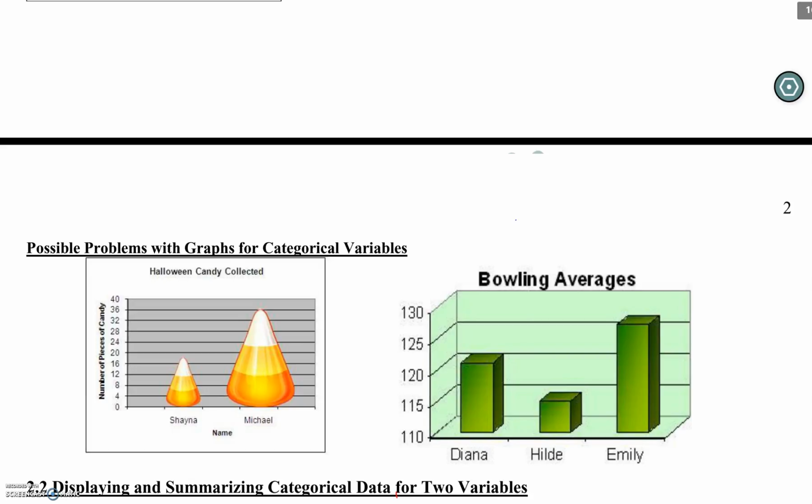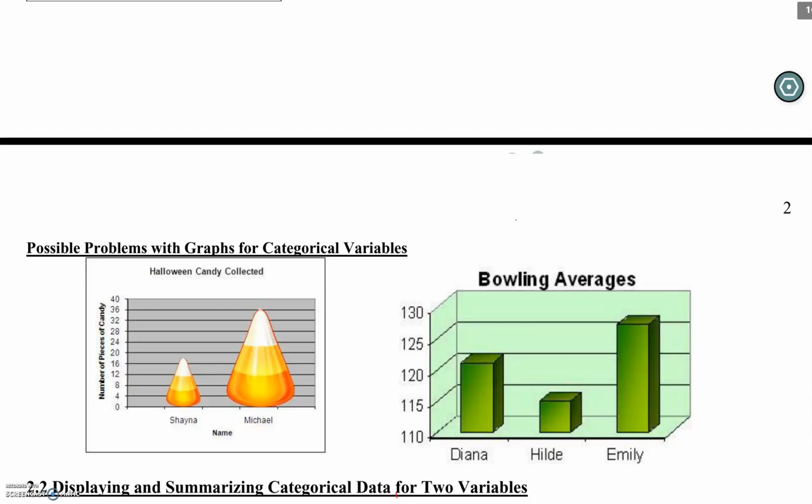First thing we think, before we even look at the axes, is that, holy crap, Michael took away a ton more candy than Shayna. And if I asked you how many times more candy, think about it for a minute without looking too hard at it, you'd probably say about 4 times as much candy, right? Looks like he brought a pillowcase and she has one of those little plastic pumpkins.